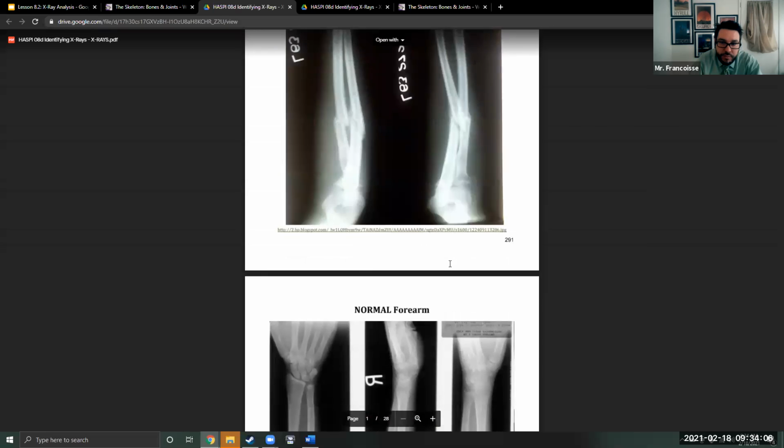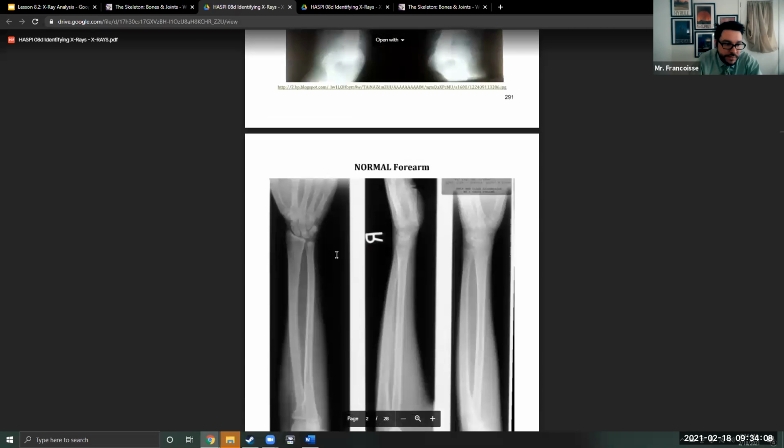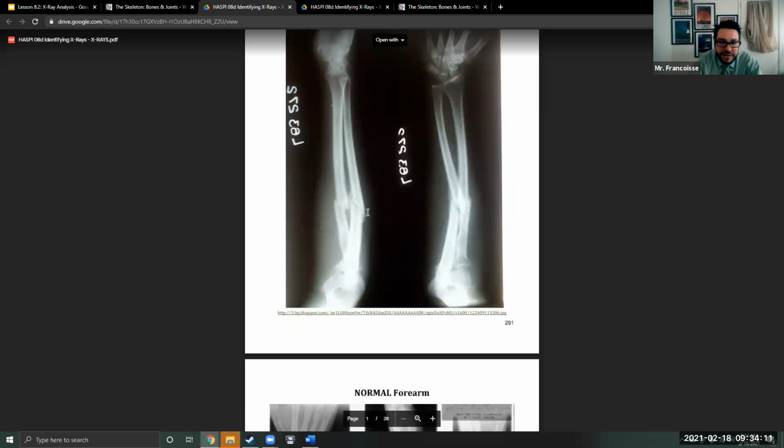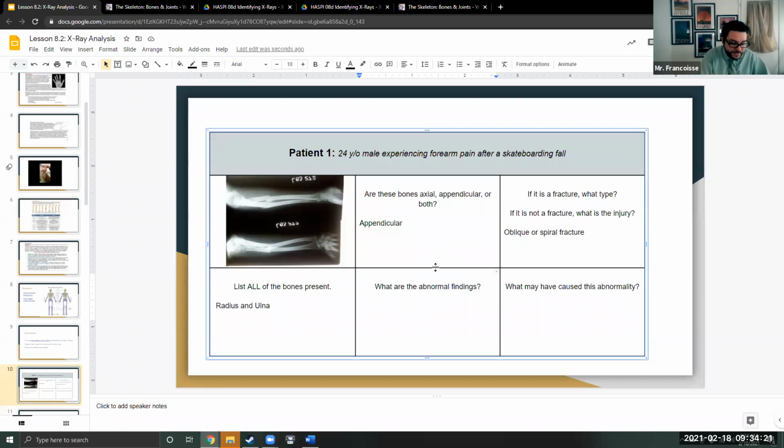This is kind of our normal position. It looks like it's twisted, right? You can say there's clearly a break at the center of the bone and it's twisted. So what are the abnormal findings? There are two breaks in the center of the bone, and they look twisted.